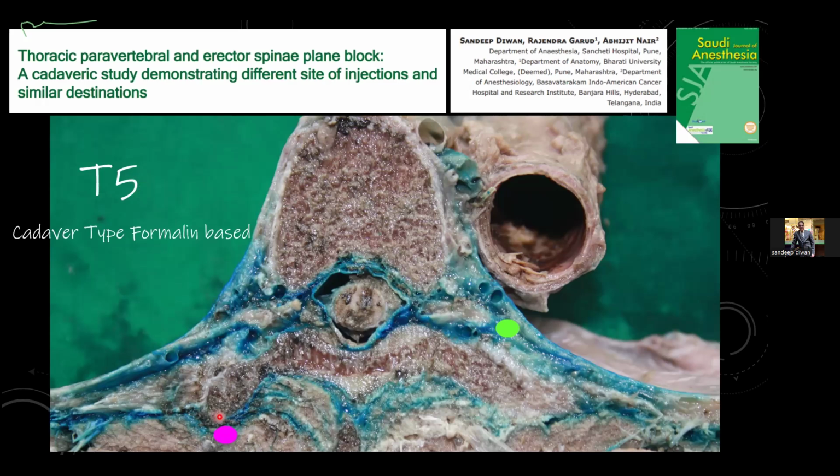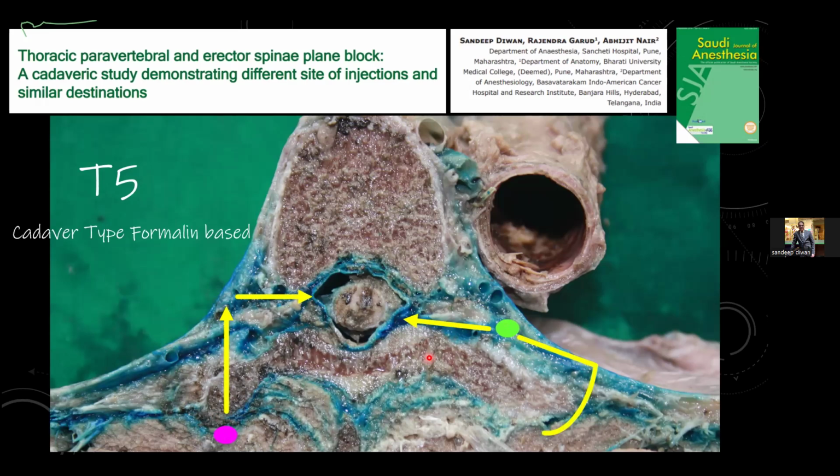So when we injected into the erector spinae plane or the paravertebral space on the other side, we never knew that we could get this kind of picture. When we injected in the erector spinae plane, it went anteriorly into the ventral paravertebral space and into the epidural space. And when we injected into the paravertebral space, again it went into the epidural space, into the intercostal space, and then into the erector spinae plane.